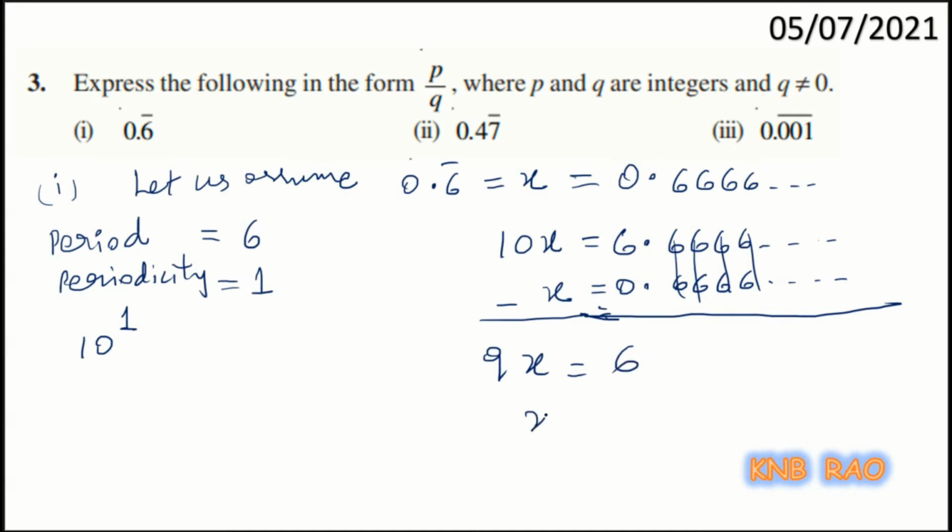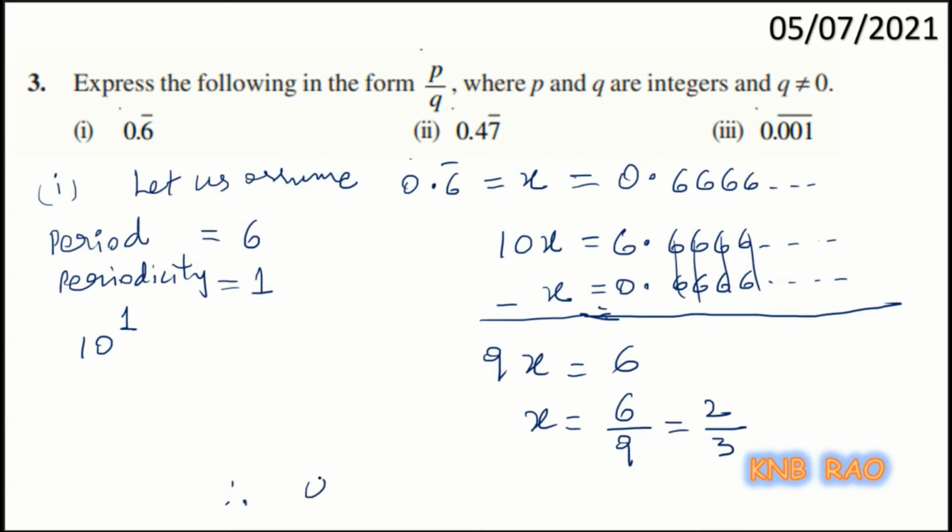Now x equal to, 9 is multiplying, if it comes to the other side of equality it divides. So 6 upon 9 is the value of x. After simplifying, both 6 and 9 get cancelled with 3 because their HCF is 3. So 3 2s are 6, 3 3s are 9, which gives 2 by 3 as the simplest form of 6 by 9.